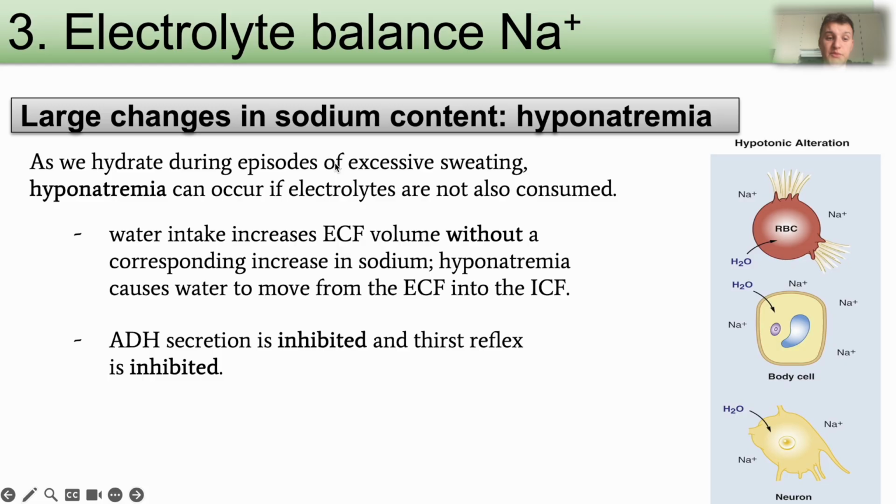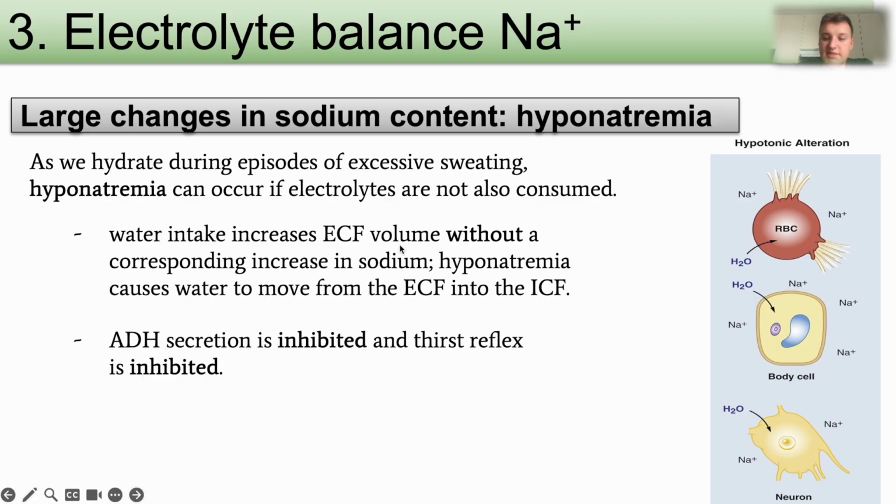Hyponatremia could occur as we hydrate during episodes of excessive sweating if electrolytes are not consumed. If you just flood the outside with water, then you have low amounts of sodium on the outside. You never have no sodium, because remember, sodium is very concentrated on the outside of the cell.